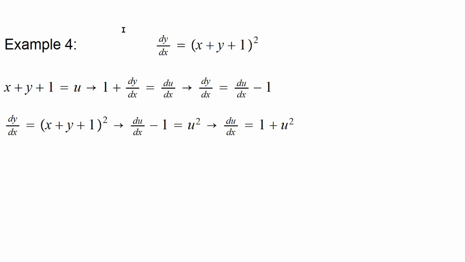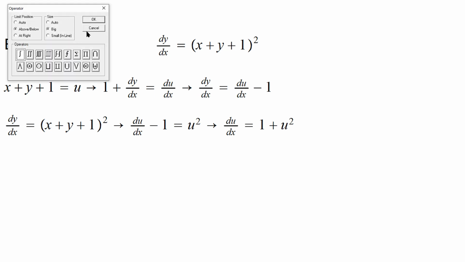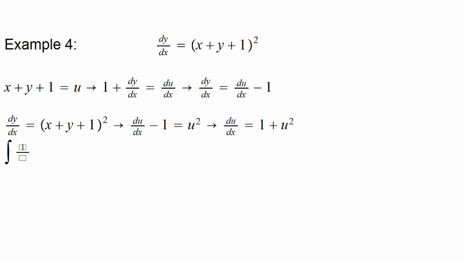Now we can separate these equations and take the antiderivative, the integral, as du over 1 plus u squared equals simply the antiderivative of 1, which will give us tangent inverse of u equals x plus c.